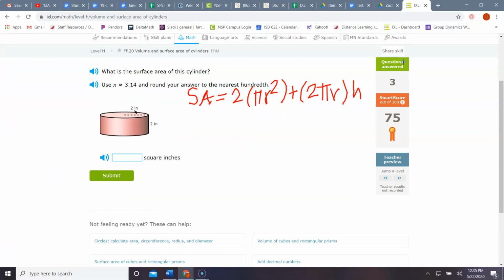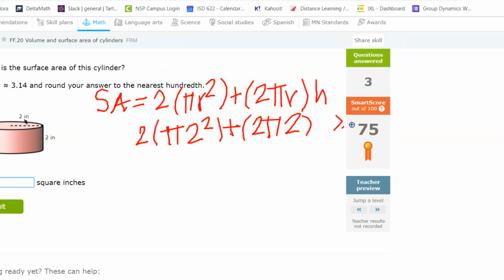Okay, so I jumped ahead a little bit here. So we've got the surface area written out. Now we just plug in what we need to know. And we know we need 2 times pi times our radius in this example is 2 squared plus 2 times pi times our radius again is 2 times our height of 2.